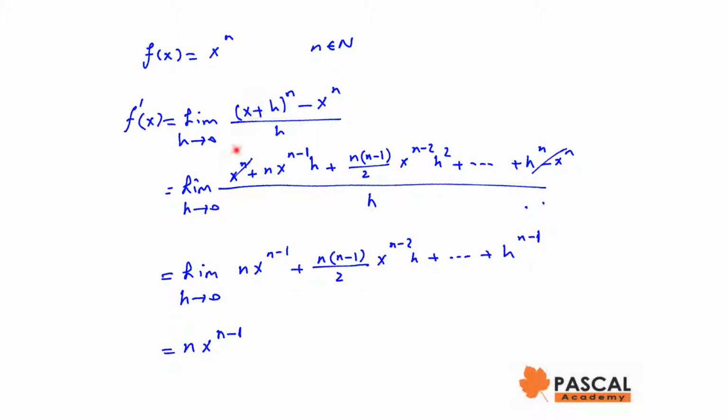If we expand the numerator using the binomial theorem and cross out x^n and x^n, then divide both numerator and denominator by h, the derivative would be the limit of nx^(n-1) plus n times n minus 1 divided by 2 times x^(n-2) h plus all the terms that contain h, and the last term is h^(n-1). As h approaches 0, this limit is nx^(n-1) since the limit of the terms after the first one are 0.